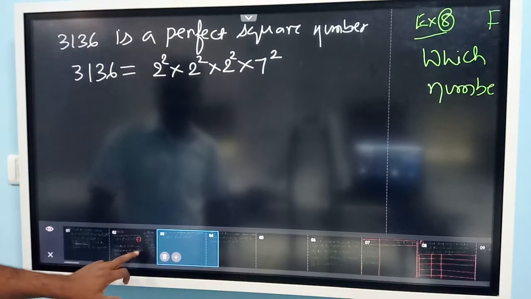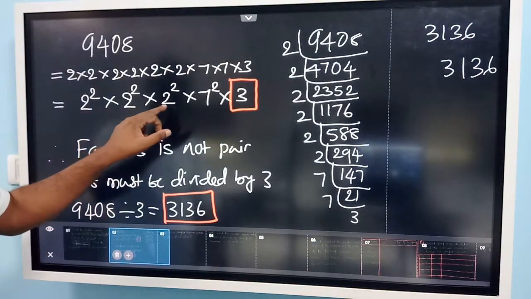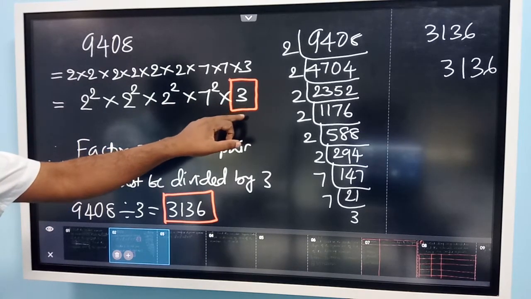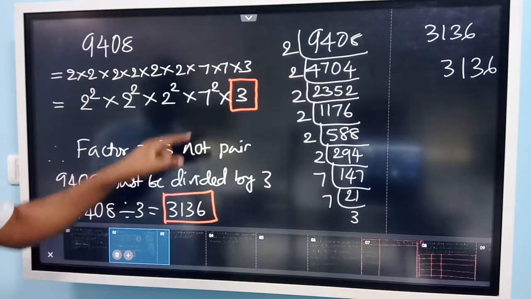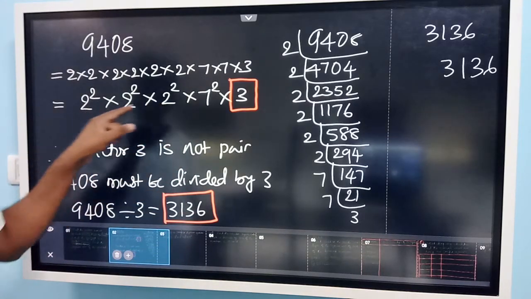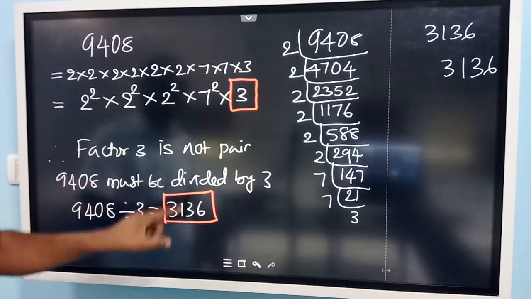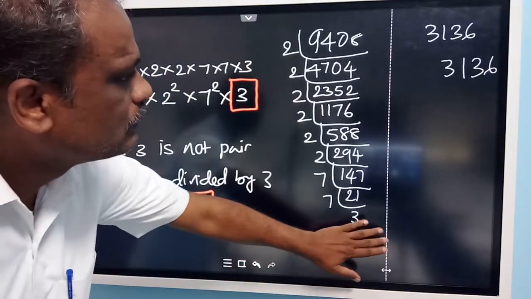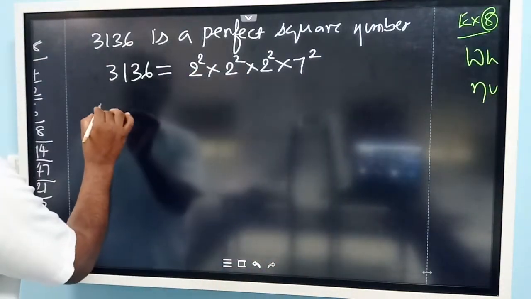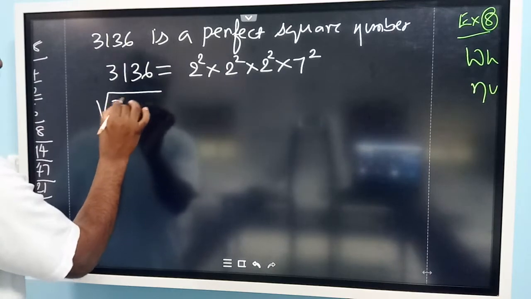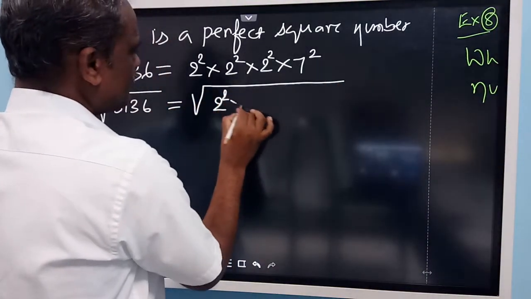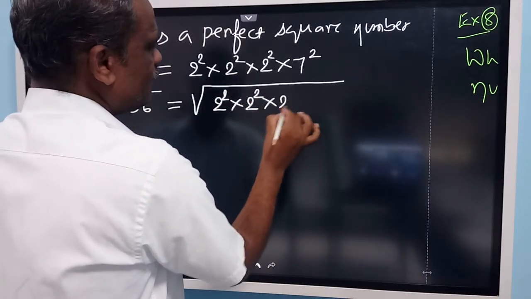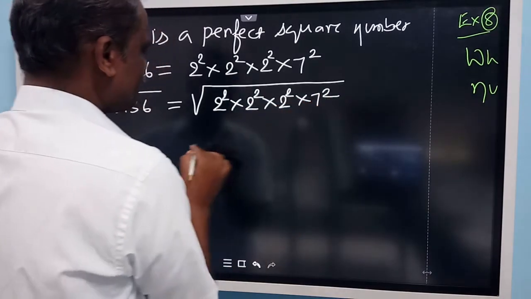We removed 3 because we divided by 3. So the square root of 3136 is the same as the square root of 2 square into 2 square into 2 square into 7 square.